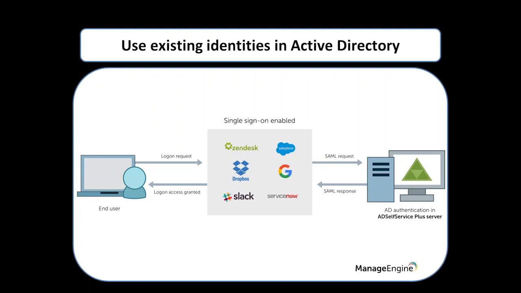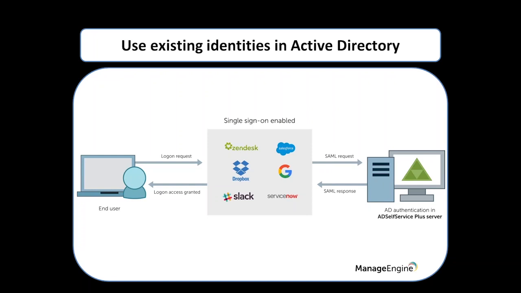So all that the user needs to remember is the Windows logon credentials, and if you have enabled two-factor authentication for the user, then they have to verify their identity and they are good to access more than 100 applications from one single portal with one-click seamless access.